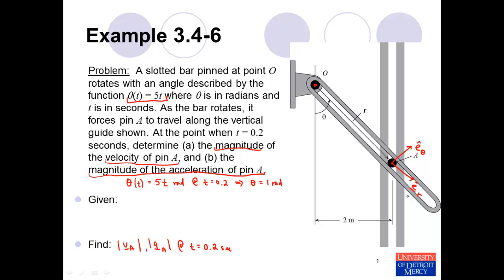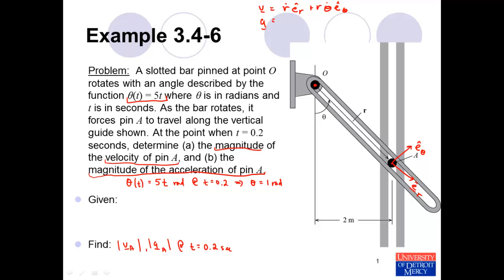So having set up our coordinate system in this manner, we've learned how to express velocity and acceleration in the polar coordinate frame. Specifically, velocity is equal to r dot in the radial direction plus r theta dot in the transverse direction.